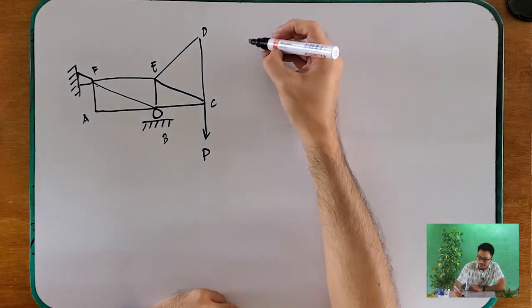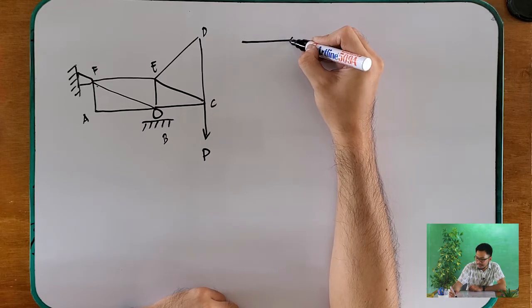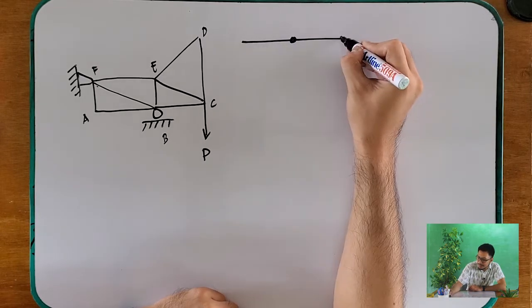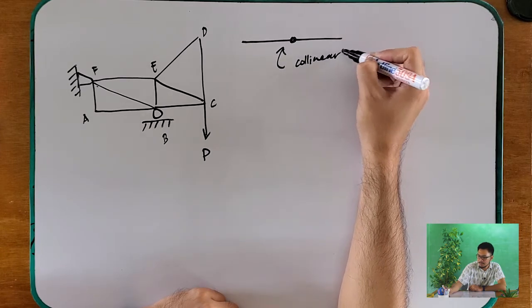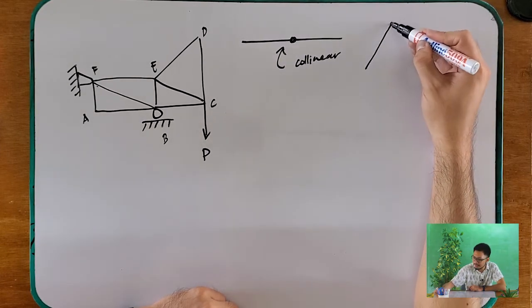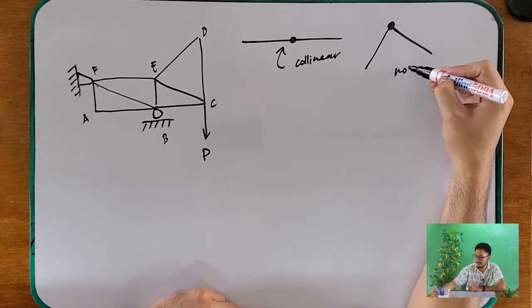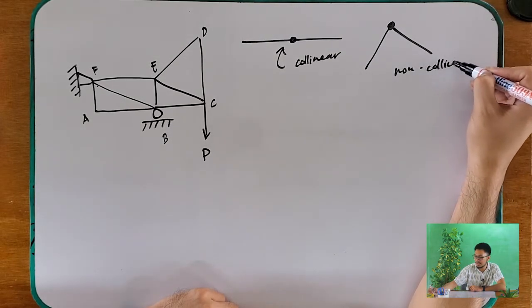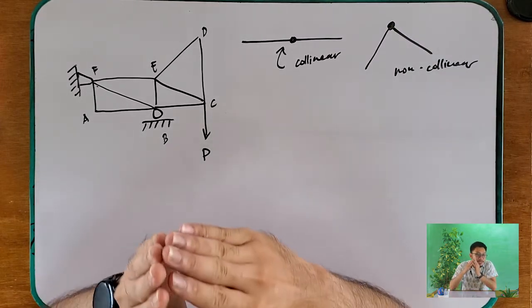So this one, kung collinear siya, this is one member and one joint, and this is another member. So this one is collinear. Pero kung mayroon kag non-collinear, then wala sila nag-lie on the same line. Non-collinear. Okay? So, take note, dapat non-collinear sila.